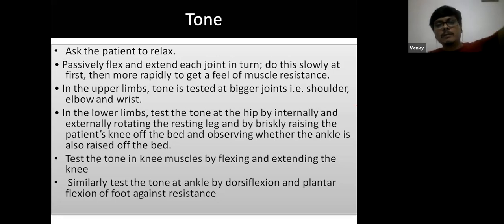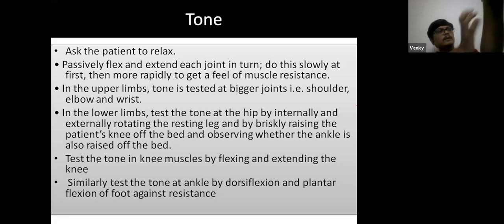Are you able to see my hand, upper limb? No. So you place it like this. You hold here and flex and extend my elbow like this, as I am doing. While flexing the elbow, you have to look down at the flexor and extensor aspects of the arm muscles.